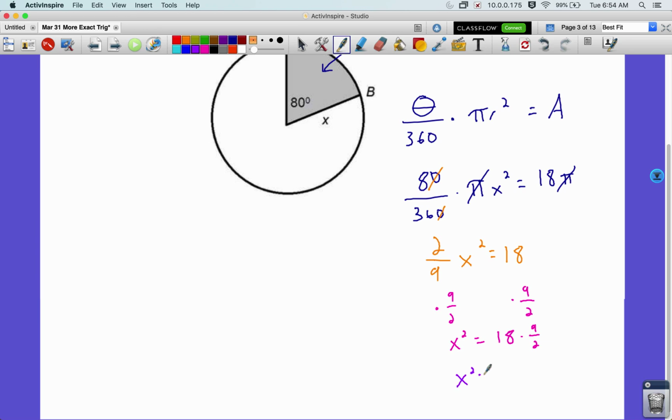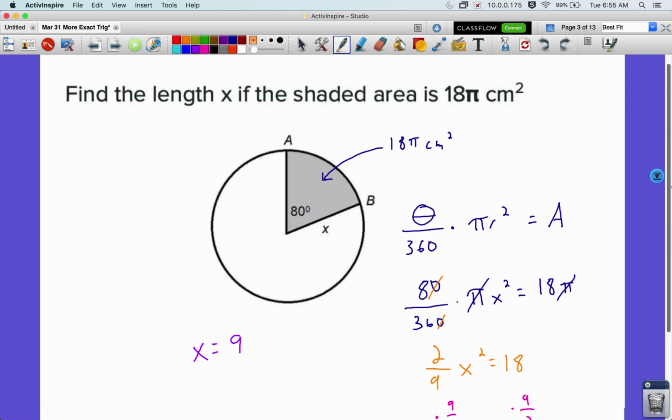I'm just going to do this one in my calculator too, 18 times 9 over 2, 81. And then take the square root, to get that x equals 9. But then we refer back to the problem to get the units. This is a length. The area was in square centimeters, so x must be 9 centimeters.